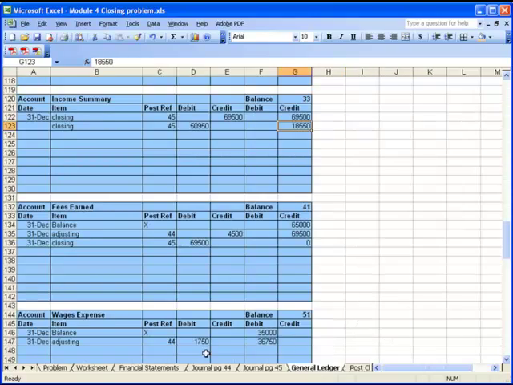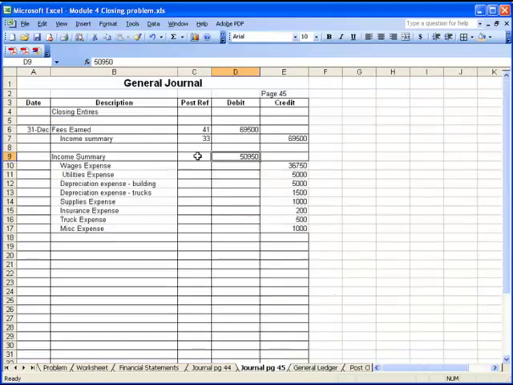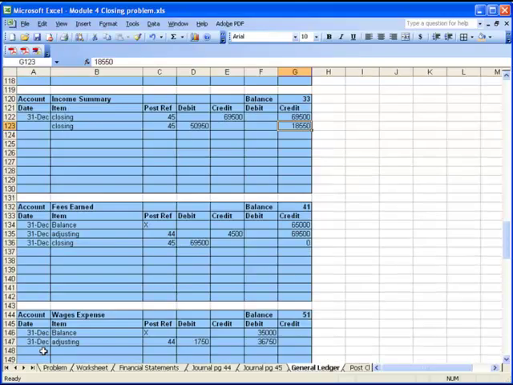All right, so back to our general ledger. This is account number 33, and in our journal, to show that it's posted, that's account number 33. And we'll quickly post these entries into our wages expense. $36,750, credit. This is a closing entry. It came from page 45, credit, $36,750.